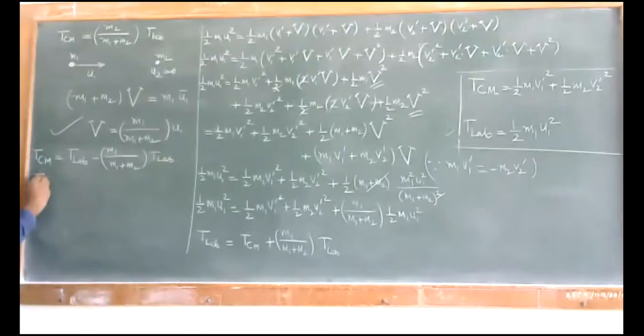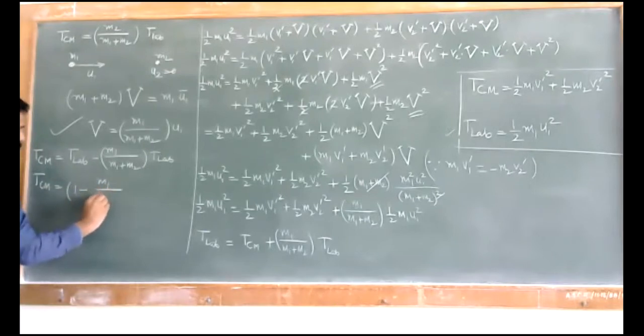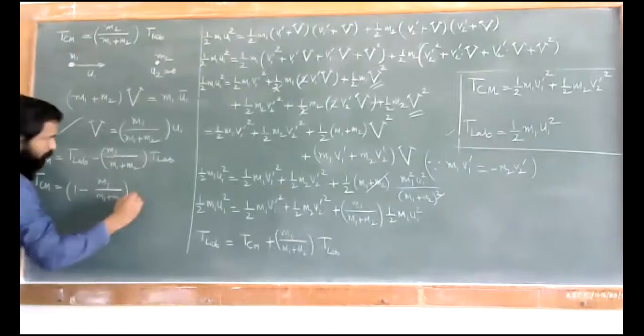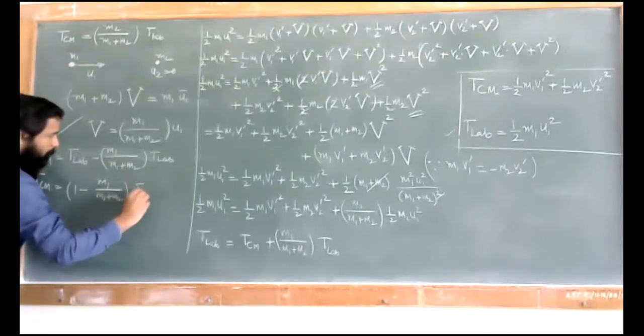So T CM is equal to 1 minus m1 upon m1 plus m2, multiplied by T lab.